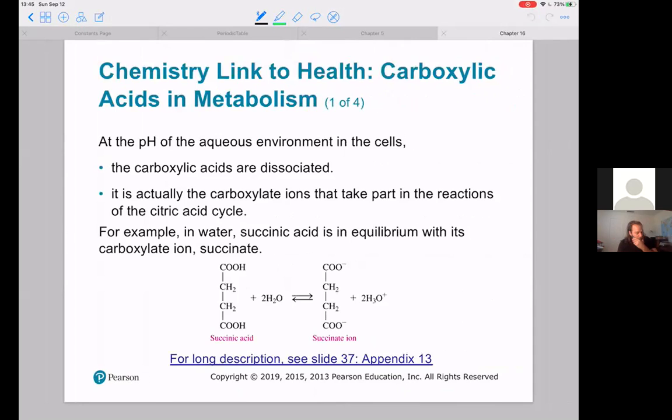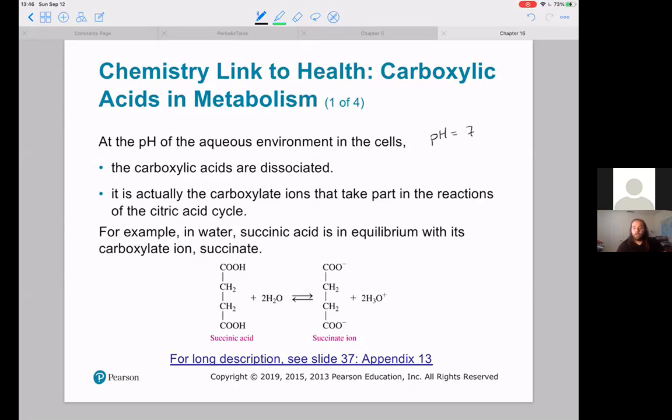Okay, more on carboxylic acids that we find in nature. They turn out to be a really important part of our biochemistry as well. First of all, within what's called an aqueous environment within a cell, most of our cells have a pH around 7. And your body does a lot to maintain that pH within a cell.